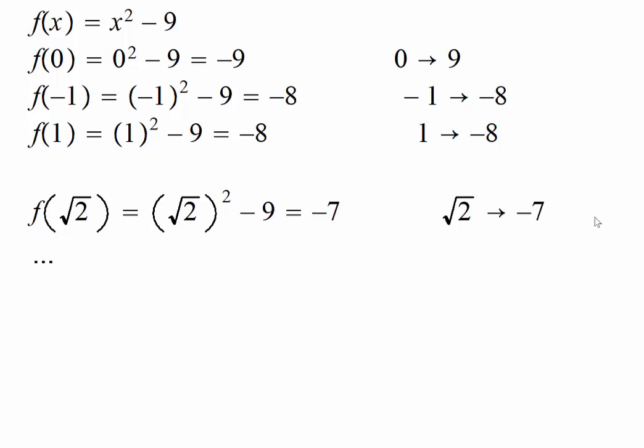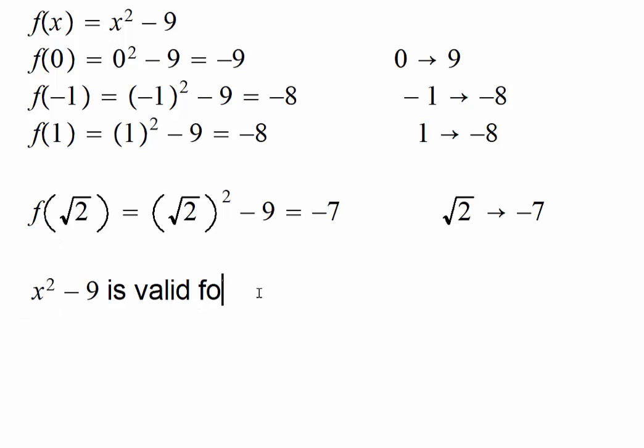Now in this case, this expression x squared minus 9 is valid for all the values of x. That is, any value of x can be substituted in here, and we will have x squared minus 9 available for it.